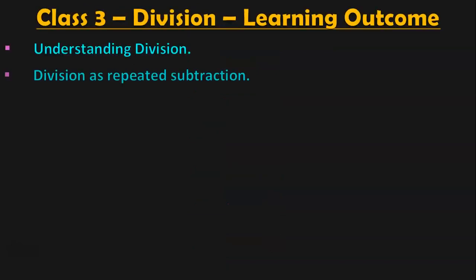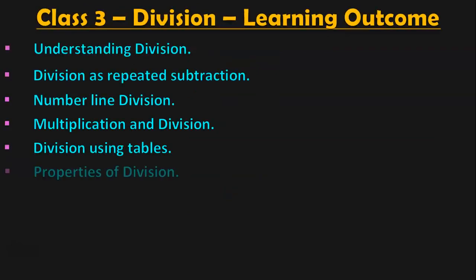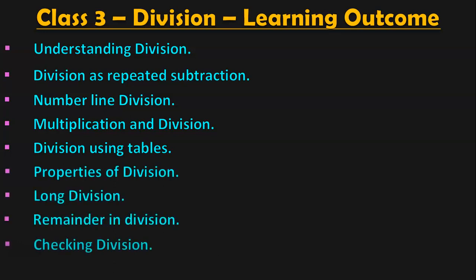Dear viewers, these are all the learning outcomes in class 3 under the topic division for the children, of which I have covered the first topic, understanding division, in my first video, and in my second video for class 3 division we have seen division as repeated subtraction.